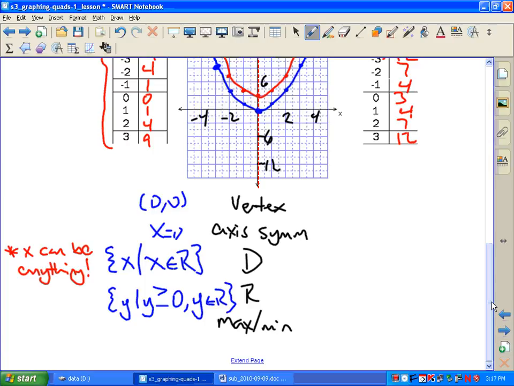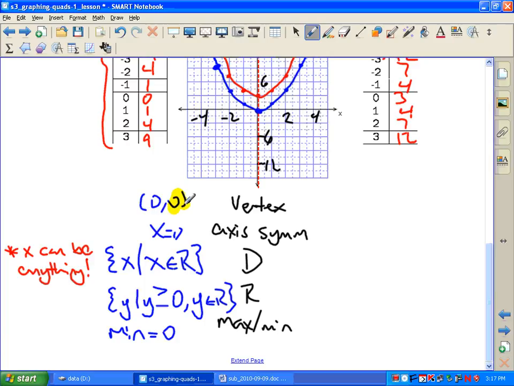But if we just have, like, x is an element of the real numbers, then that tells us that x can be anything. Now, the max-min value, well, the max-min value is the lowest point. The min value is 0. So the min is 0, which is also the y-coordinate of the vertex.